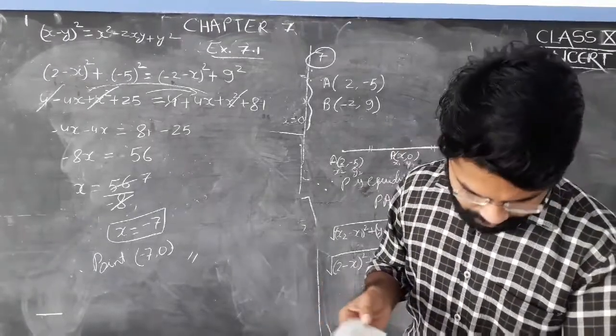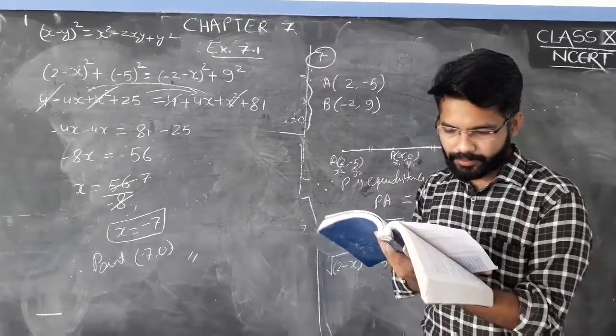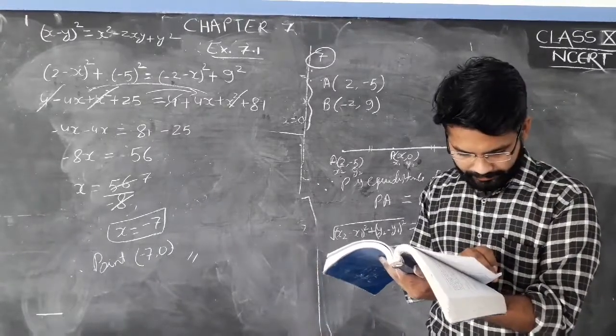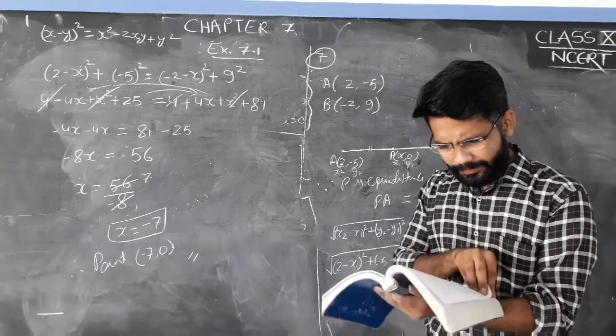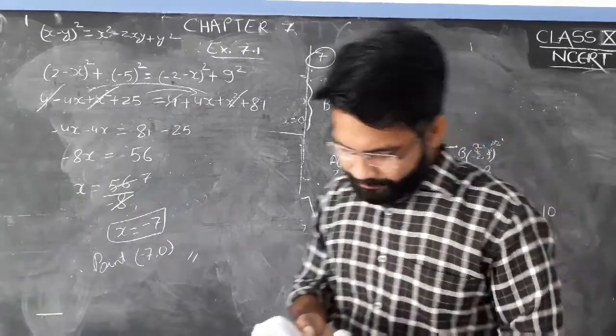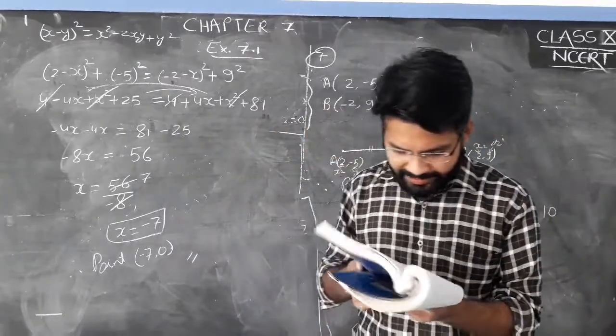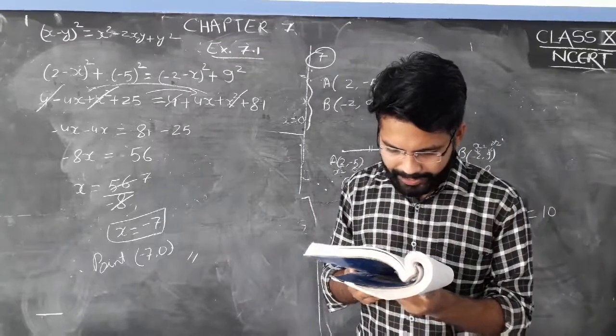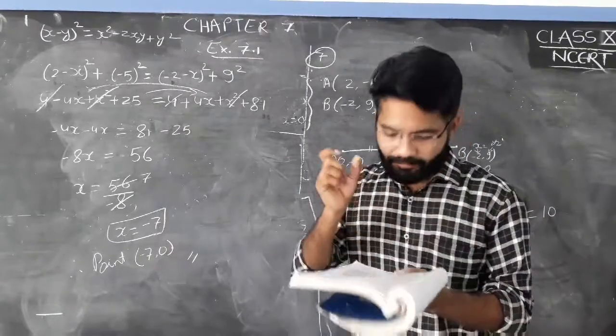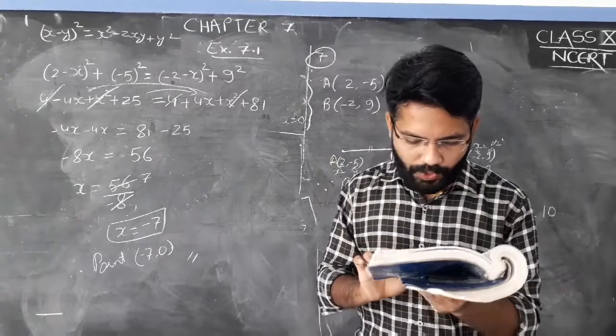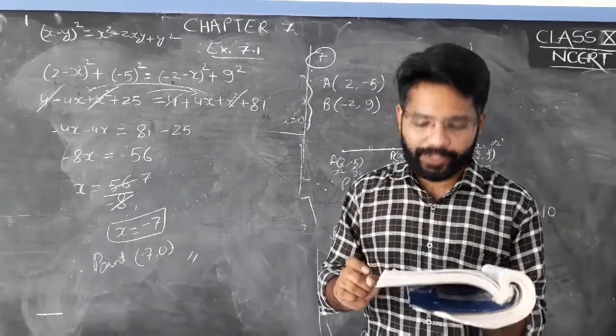Find the value of y for which the distance between the point P and Q is 10 unit. Means you have to find y, the distance between P and Q is 10 unit.